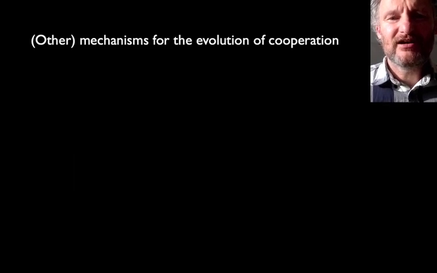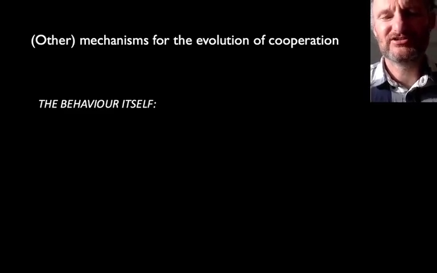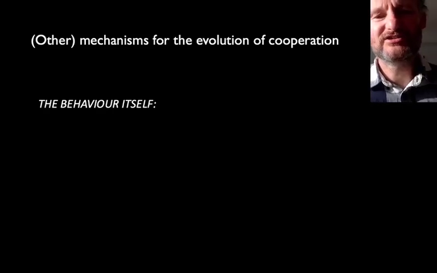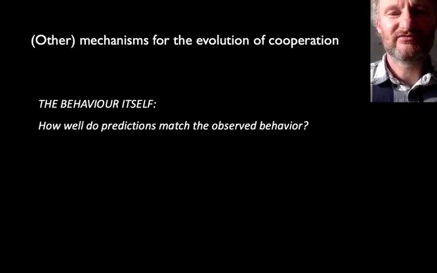Now, for us, it's interesting to look at how well these first 2 categories do in explaining human morality or human cooperation. And there's 2 things that you can look at. You can look at the behavior itself and ask how well the predictions from those models from categories 1 and 2 match the behavior that we see.